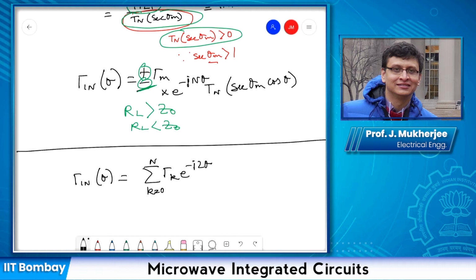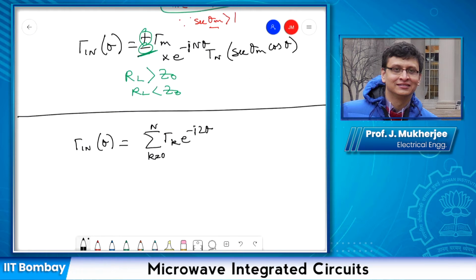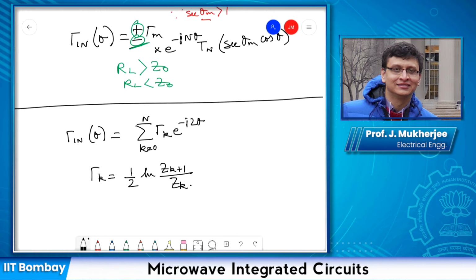Right? And for convenience, we take gamma k as equal to half of ln of z a plus 1 upon zk. Now, on the other hand, we also have our gamma in theta, which is this equation. I'm just rewriting that equation.